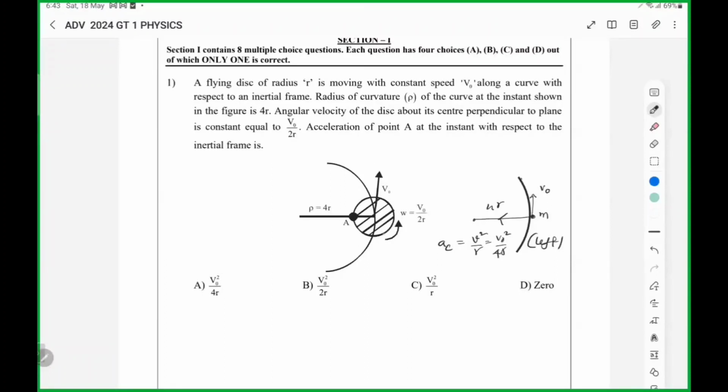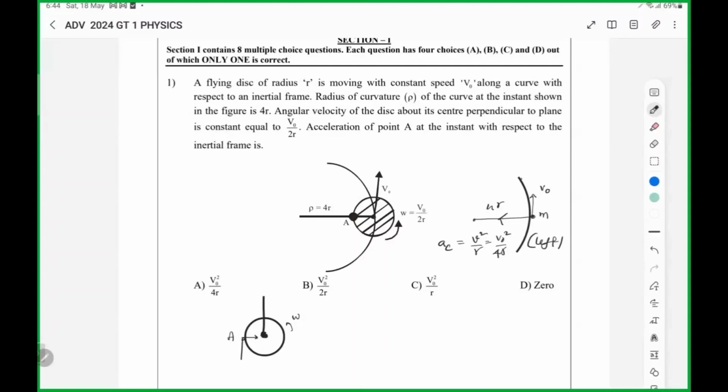At the same time, the disk is rotating with an angular velocity about its center perpendicular to the plane. So once the disk is rotating about an axis passing through the center with an angular velocity omega, then it is also subjected to a centripetal force.